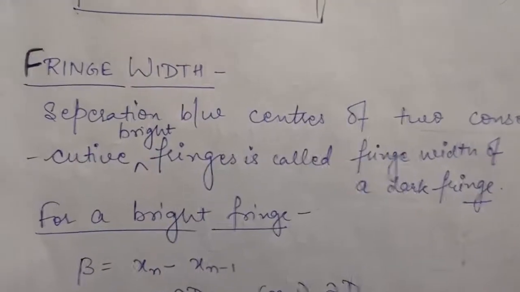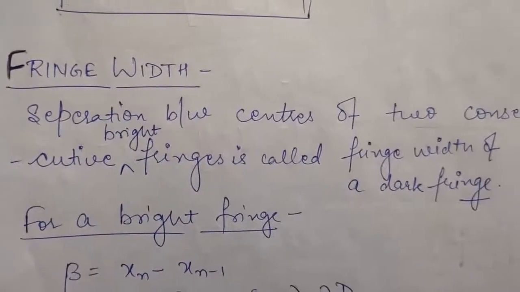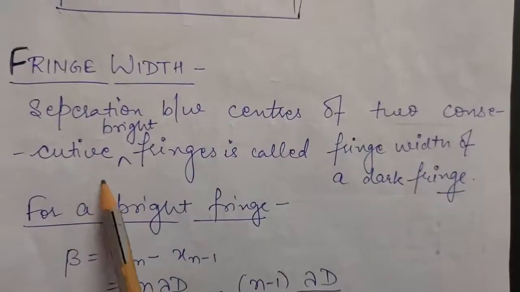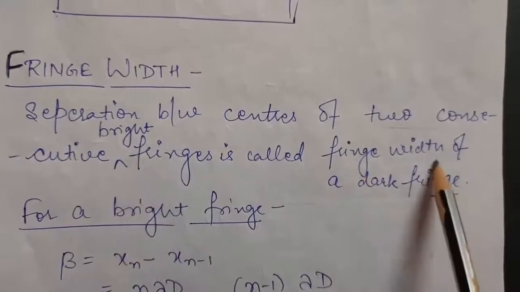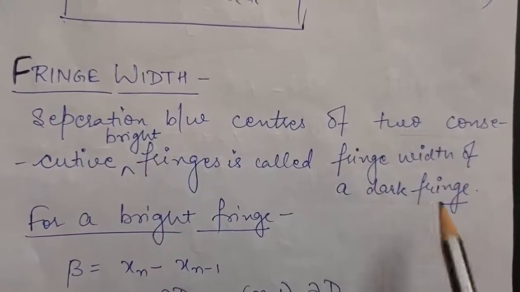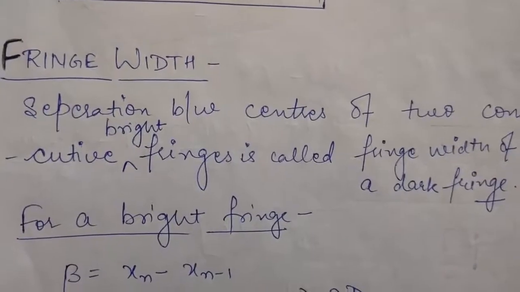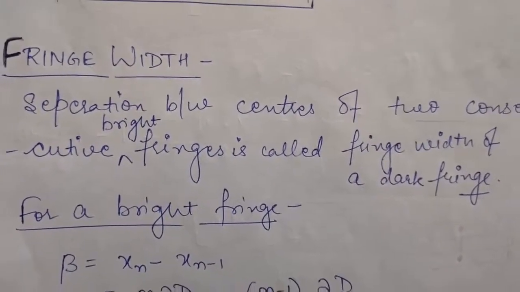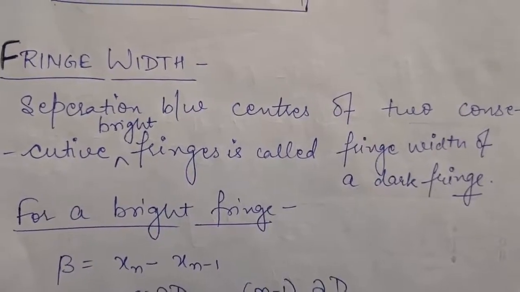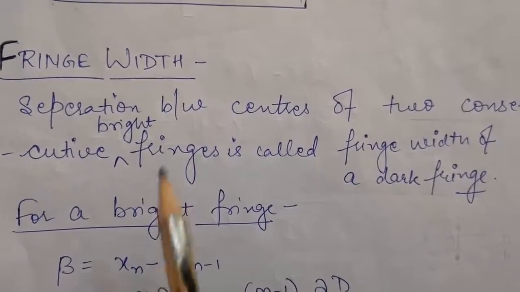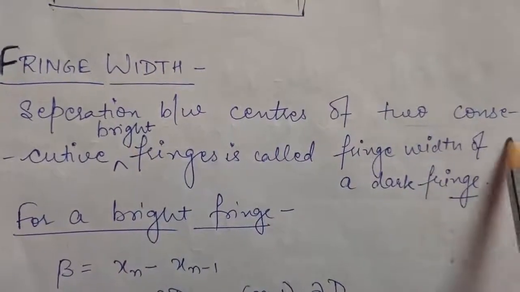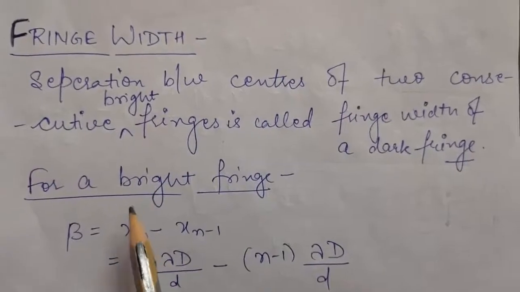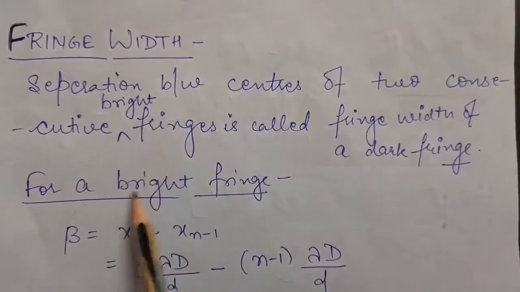Now let me tell you what you mean by fringe width. The separation between centers of two consecutive bright fringes is called the fringe width of a dark fringe. As you know, in an interference pattern we have alternate bright and dark fringes, right? So if you want to calculate the fringe width of a dark fringe, that will be equal to the separation between centers of two consecutive bright fringes. So let us calculate the distance between two consecutive bright fringes.